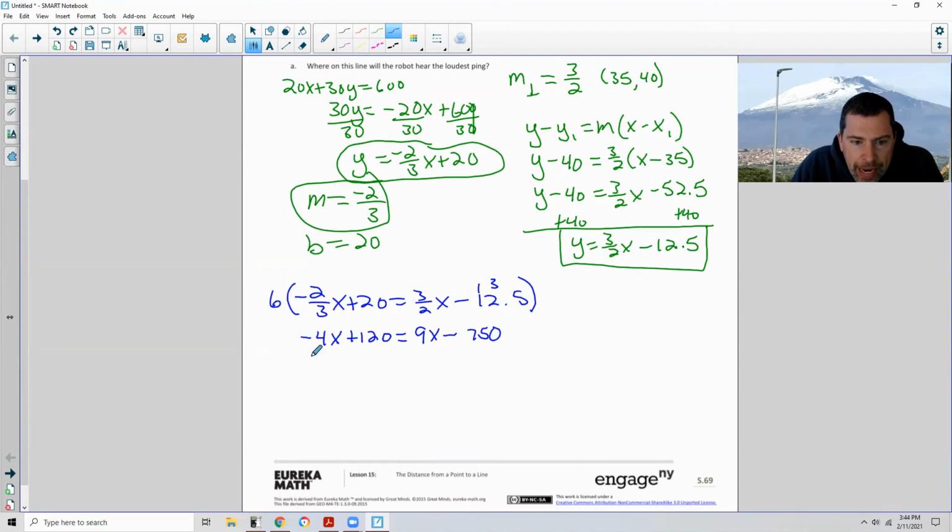So then I'm going to add 4x to both sides, and that's going to give me 13x over here. And I'm going to add 750 to here, and that's going to be 870. And then if I divide by 13, then I get my x.